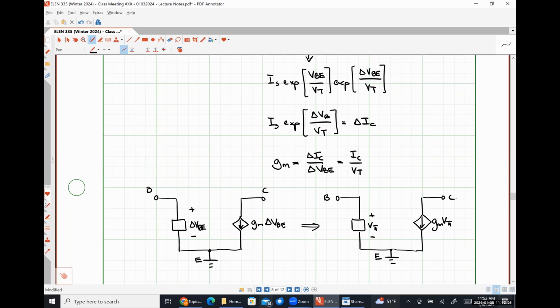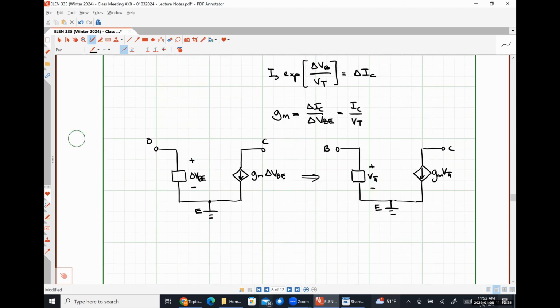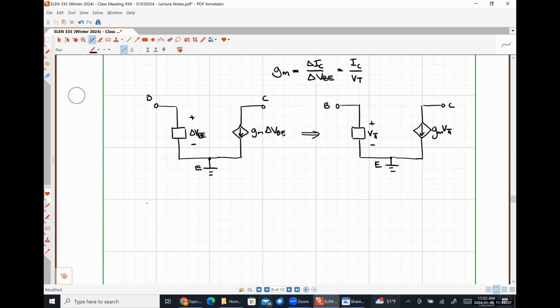So mathematically, we can describe this as the change in our base emitter voltage also causes a change in our base current, right? So delta IB is delta IC over beta, or GM delta VBE over beta.